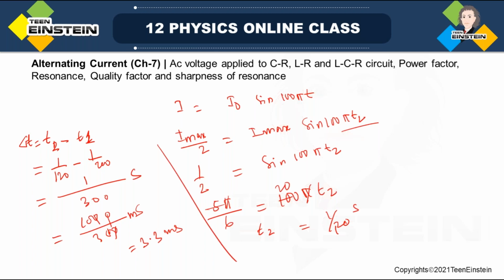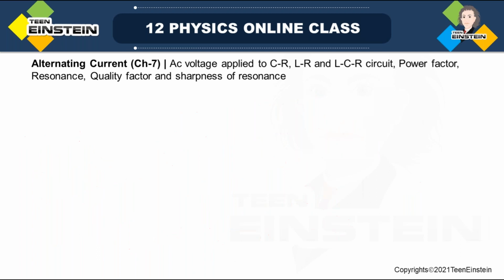That time is 120 second, and the difference between these, called the duration, is going to be 3.3 millisecond.